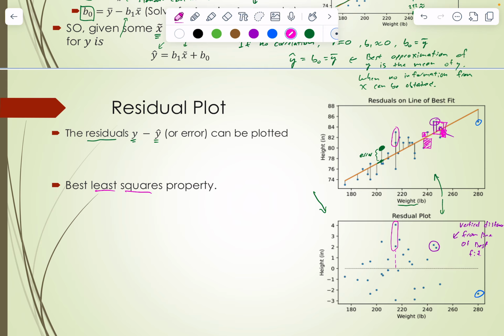So, for instance, you've got this one. Suppose we wanted this line here to be a line of best fit. Is this a line of best fit, we're wondering? Well, no, I don't think so, because look at how big these residuals are. And if you were to square the residuals, these would all be very, very big. So that is a bad choice of the line of best fit. It does not satisfy the least squares property.